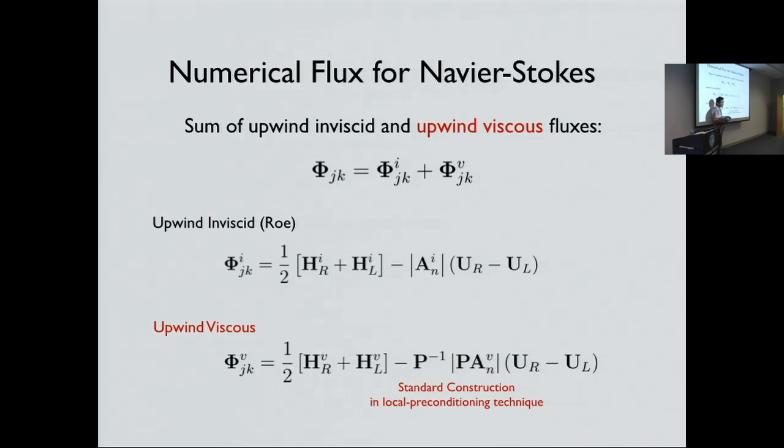If you are familiar with the local preconditioning technique, this is how you construct the dissipation term. But basically, you have to construct dissipation based on the preconditioned wave system, so P times A_n. But you have to multiply by P inverse, because at the end, the residual will be multiplied from the left by P, so as to cancel this.